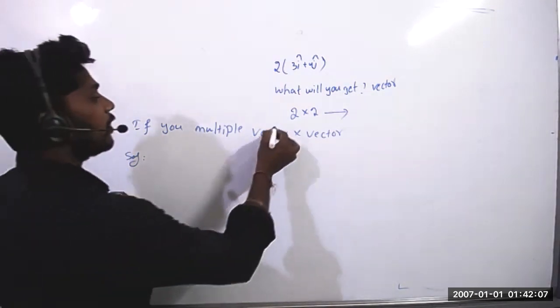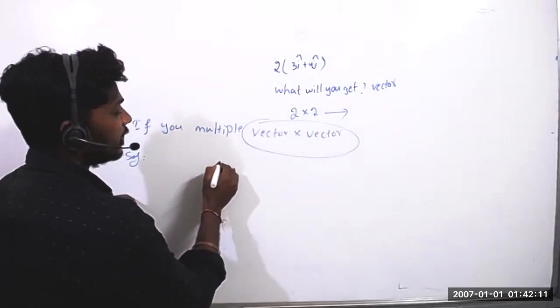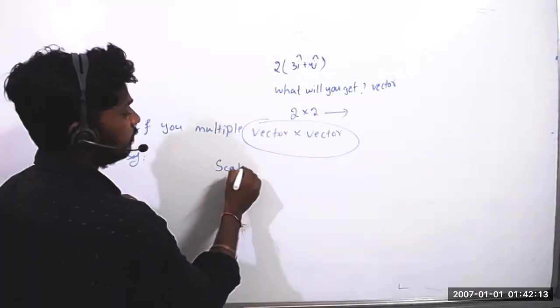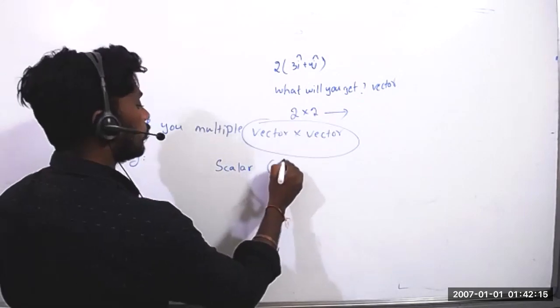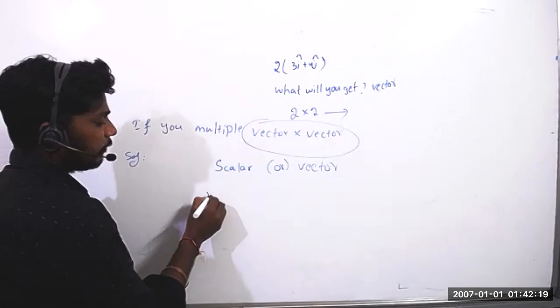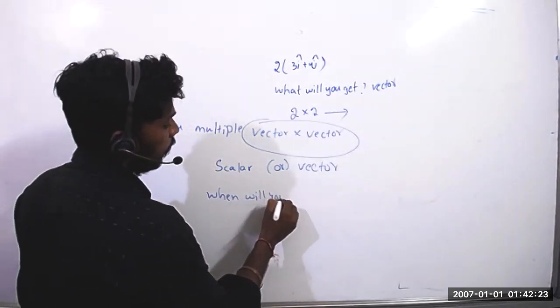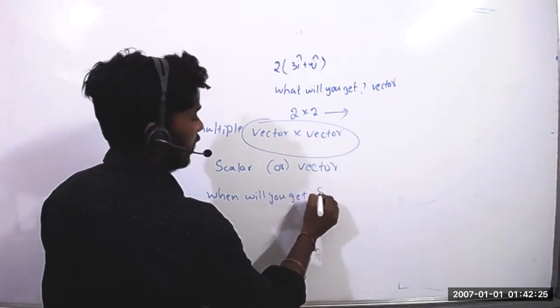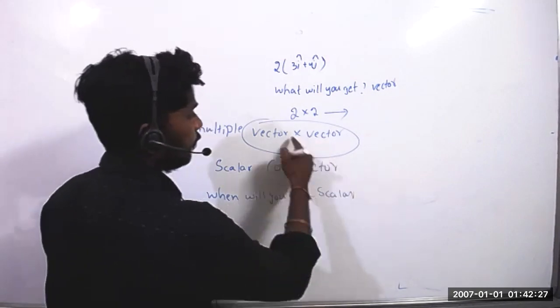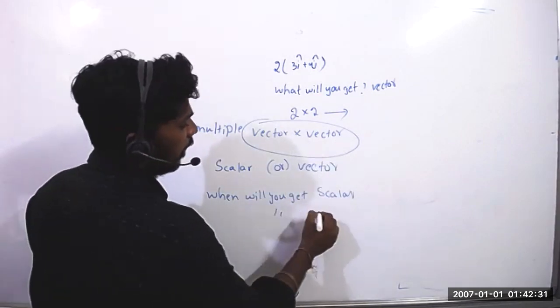When you do multiplication between vector and vector, you will get scalar or vector. So our question is, when will you get scalar, and when will you get vector?